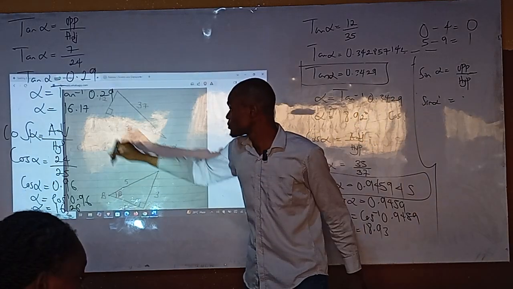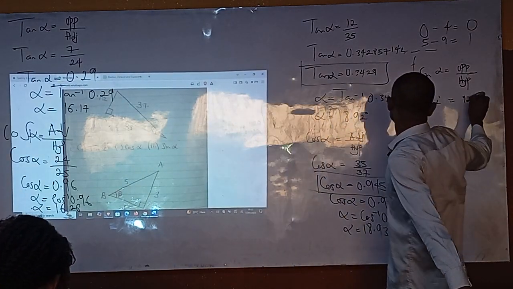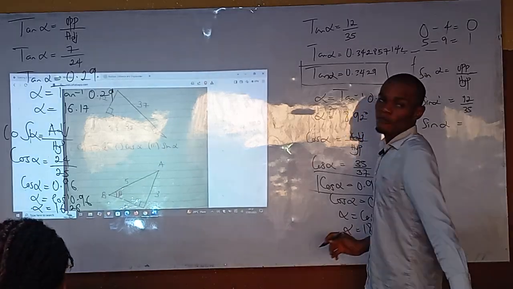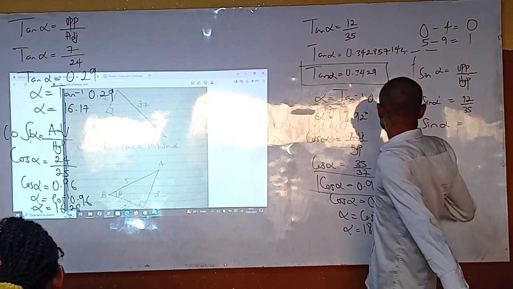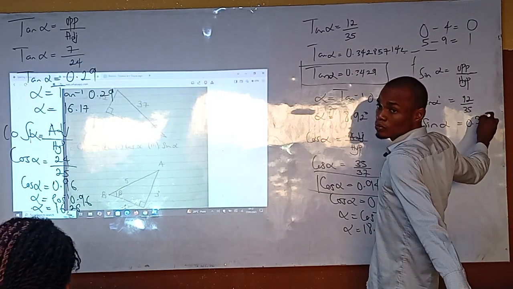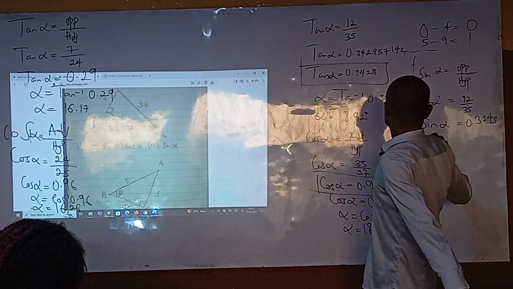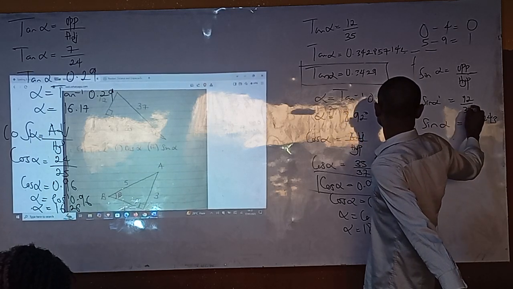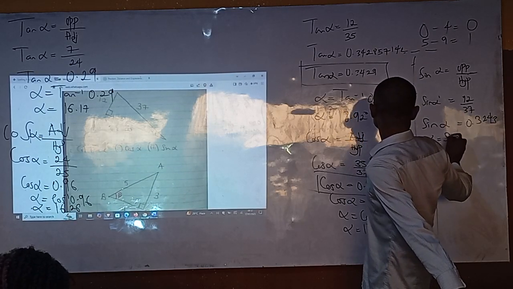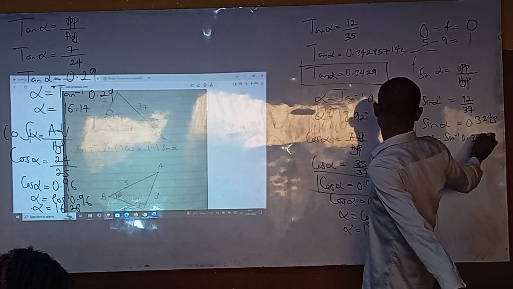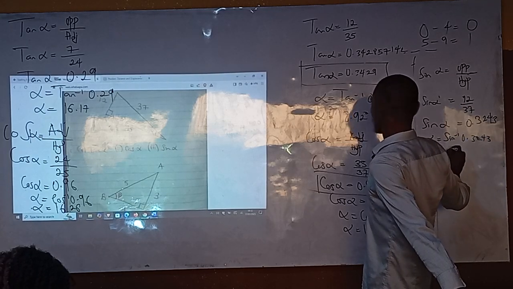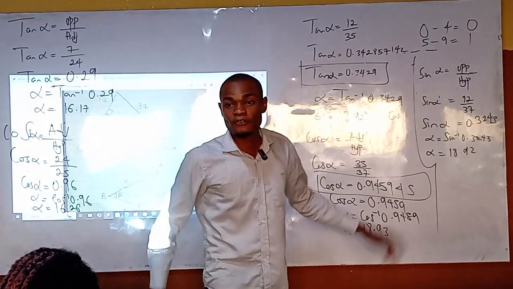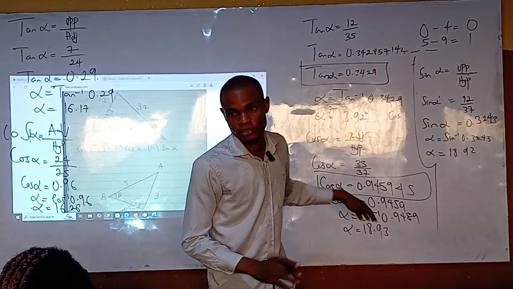Where is the opposite here now? 12 over 37. Hypotenuse is 37, right? Now, arc sine of 0.3243. Can you see mine is different from yours? This is how to do trigonometry.